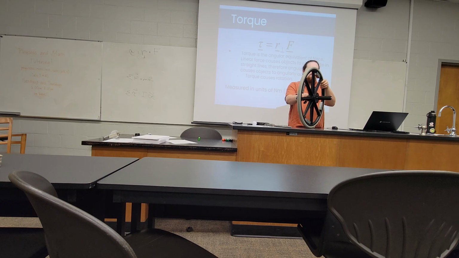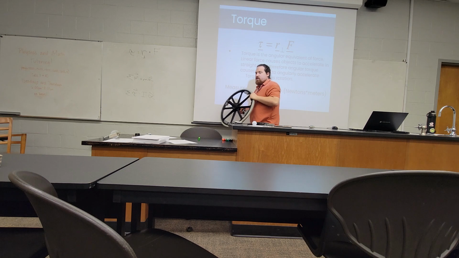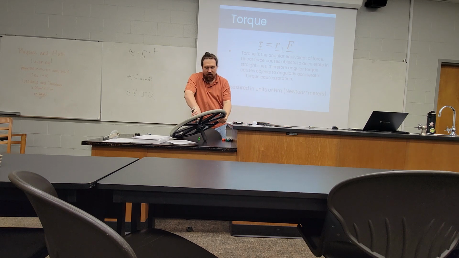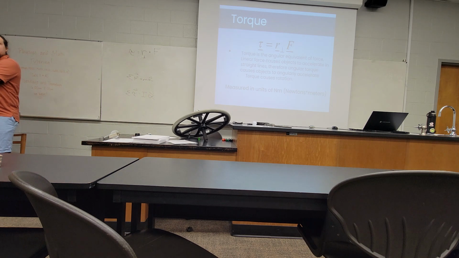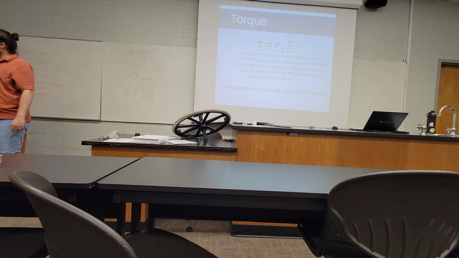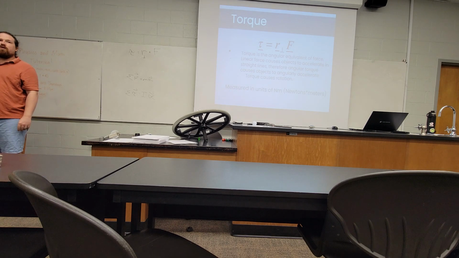And you have done this every day of your life since you started walking and using your hands. I can almost guarantee that, if for no other reason than because of these things. I'm just literally pointing at the door right now. This object is just designed to use torque to open and close.